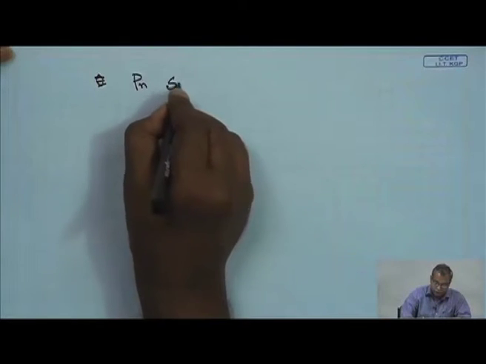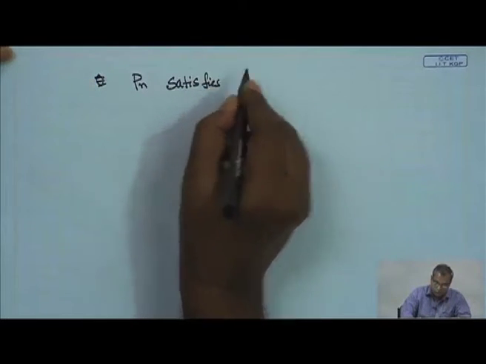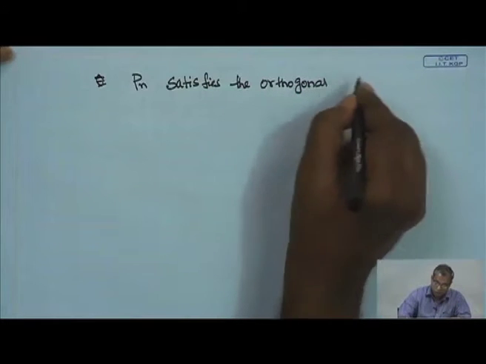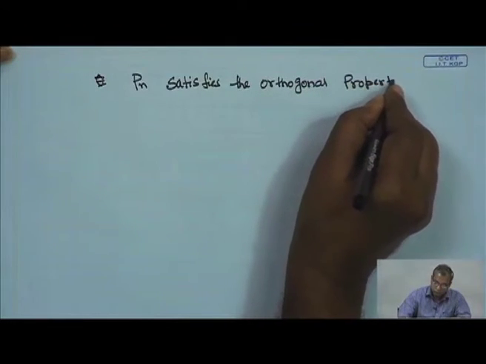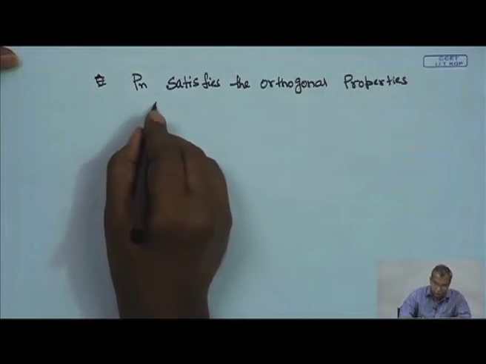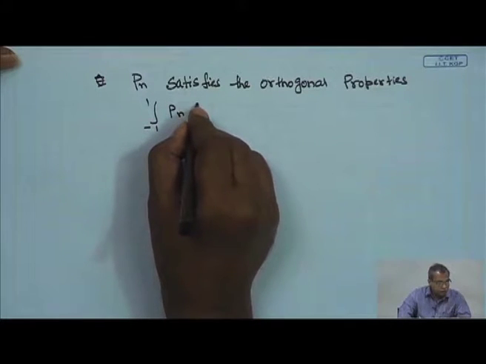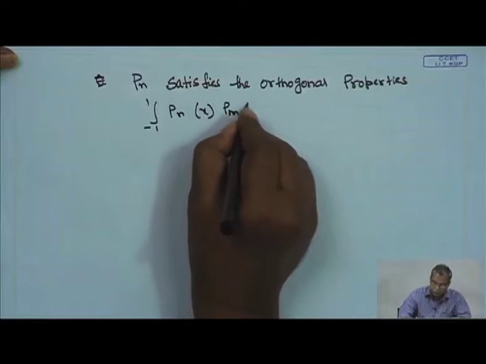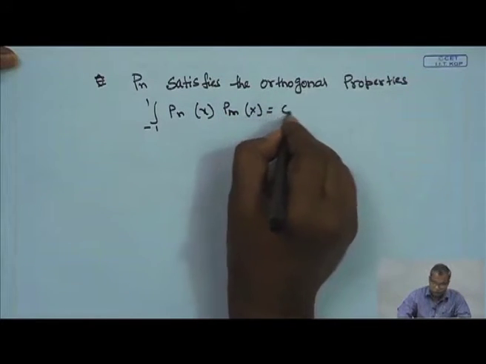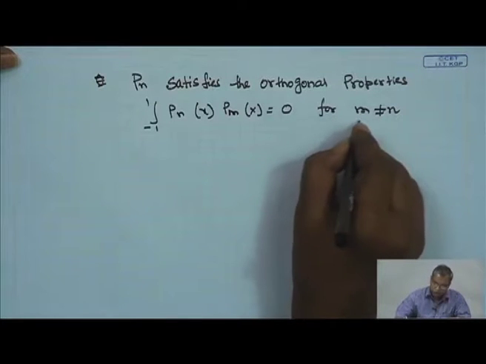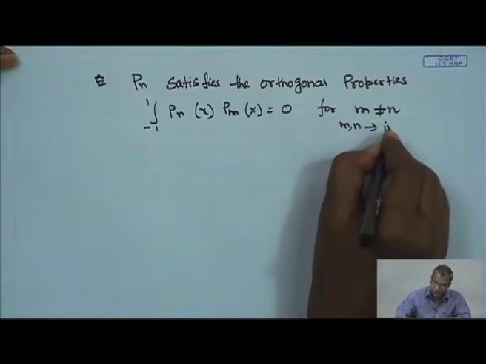Pn, the Legendre polynomial, satisfies the orthogonal property, that is, the integral from minus 1 to plus 1 of Pn(x) and Pm(x) will be equal to 0 for m not equal to n, where m and n are integers.